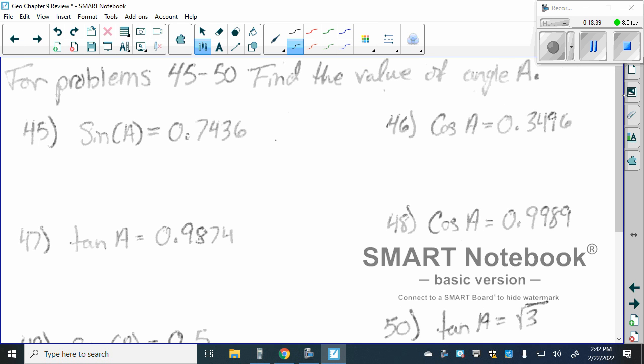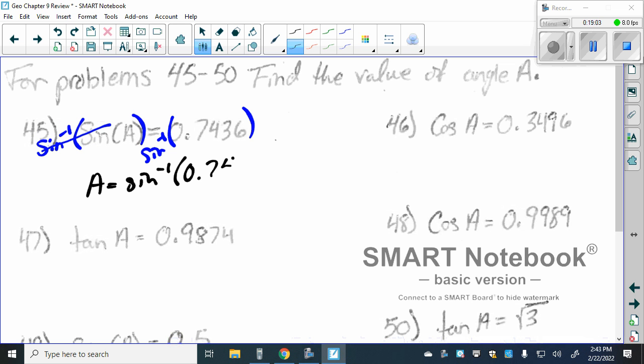Find the exact value of angle A. Well, to undo sine, cosine, or tangent, we need its inverse. So for the first one here, if I apply sine inverse to both sides, sine and sine inverse cancel, telling me A is equal to sine inverse of 0.7436.